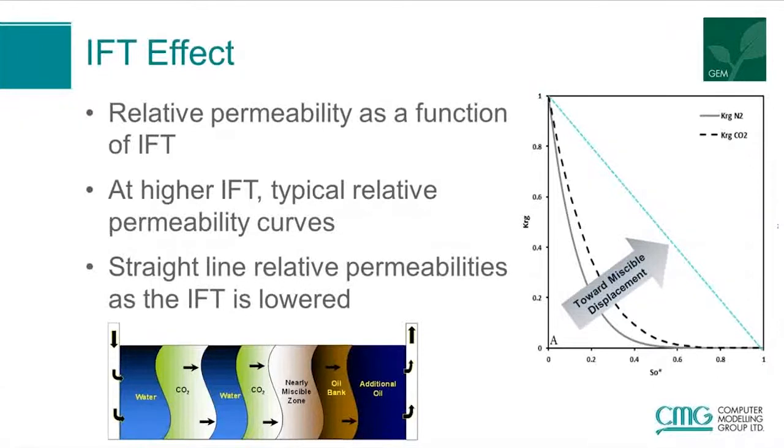When miscibility is achieved in the reservoir, straight line relative permeability curves should be used because we have lower interfacial tension between the gas and oil phases. In GEM, we have an option to change the relative permeability curves as a function of interfacial tension. So when the process is immiscible, we use the typical relative permeability curves, and then we switch to the straight line relative permeabilities when we have miscibility conditions in the reservoir.